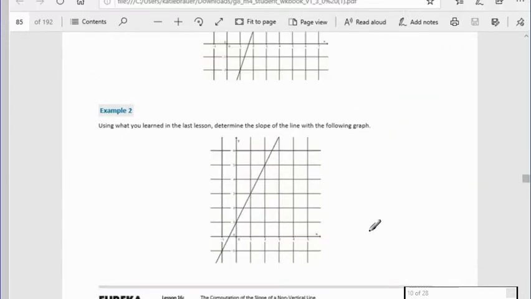Example 2, using what you learned in the lesson, determine the slope. Once again, you've got to find points on your line. I found one right here, and I'm going to keep following my line until I find another one. I'm going to let you do this one really quick. Try to figure out what your slope is, and then we'll go over it.